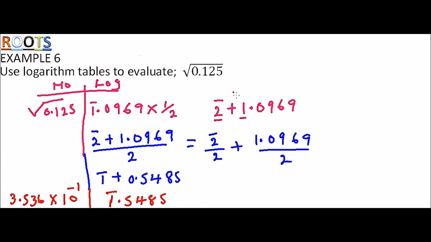Now our final answer: you divide 3.536 by 10, you get 0.3536. So that is the square root of 0.125.